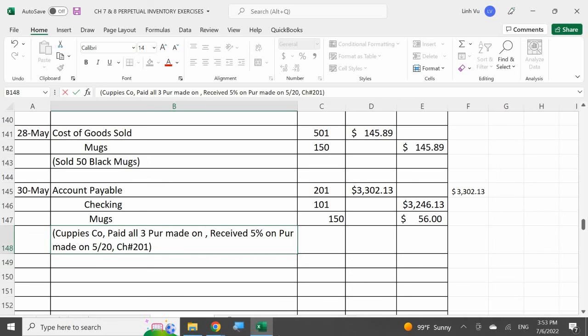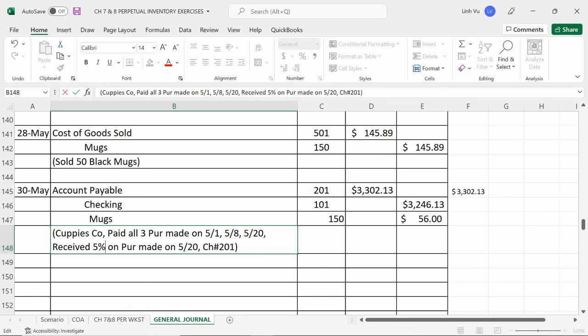Made on May 1st, May 8th, May 20th. But on the May 20th purchase, you end up receiving a 5% discount, and you used check number 201 to pay for it.